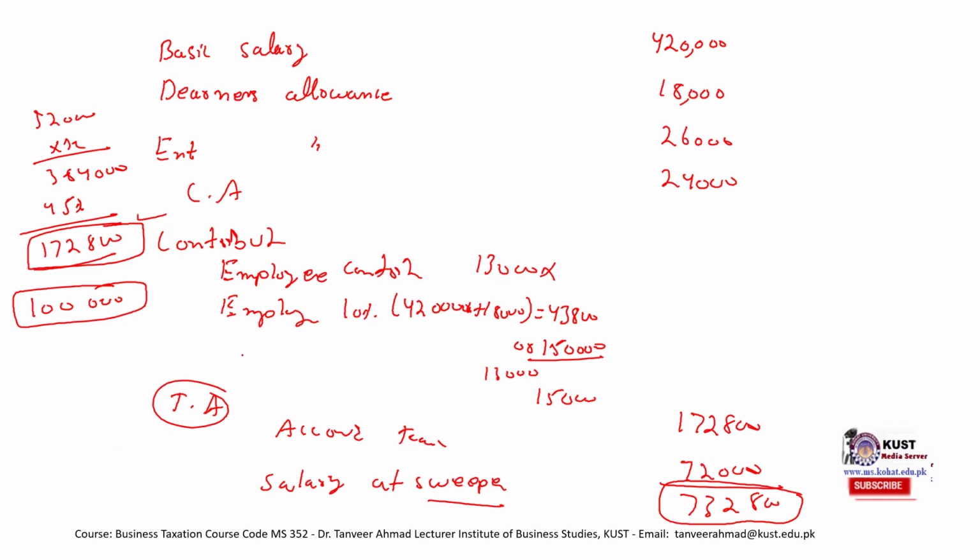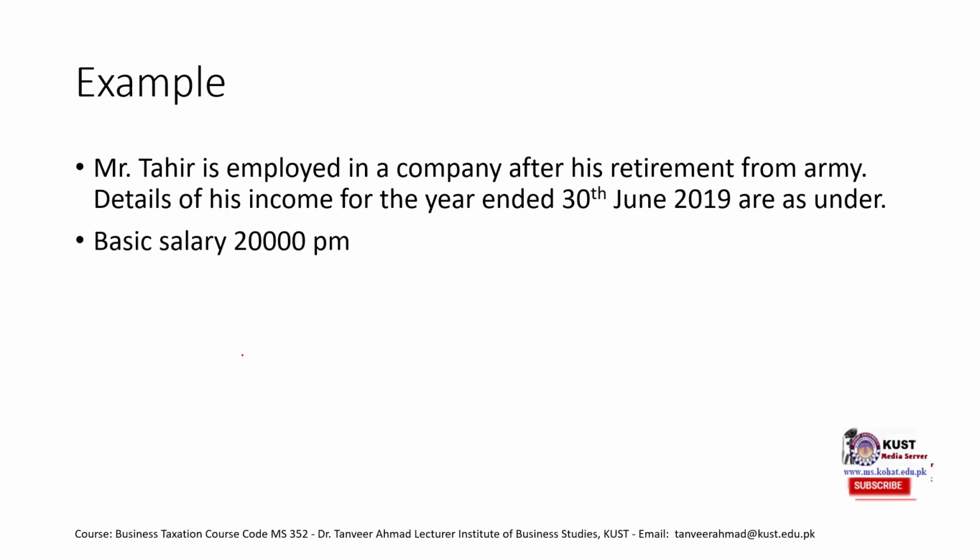Okay, so one more example. Let me go through this example, and I would recommend that you solve this one yourself. Mr. Tahir is employed in a company after his retirement from the army. Details of his income for the year ended 30th June 2019 are as under: 20,000 rupees per month.